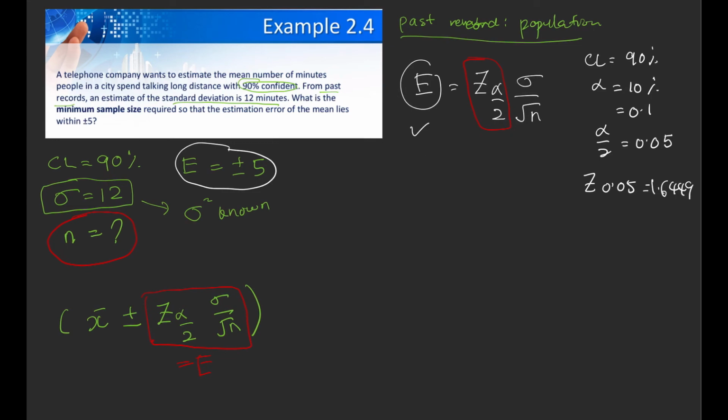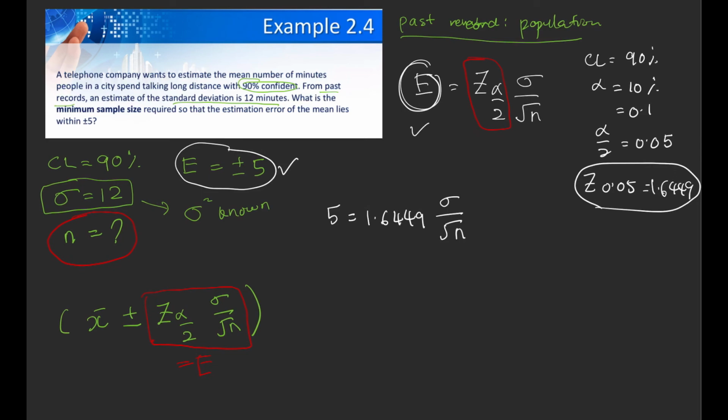Okay, so our E is 5. So 5 is equal to z alpha over 2, which is 1.6449, times sigma, which is 12, over square root n, and you don't know the n. You want to find the n. Now can you find the n?